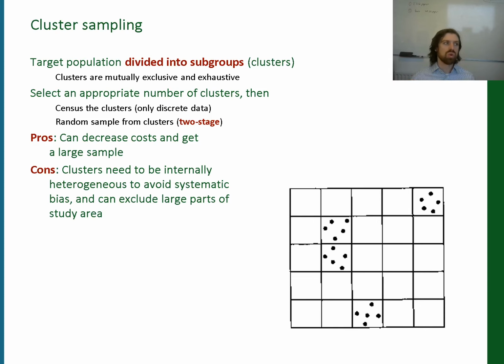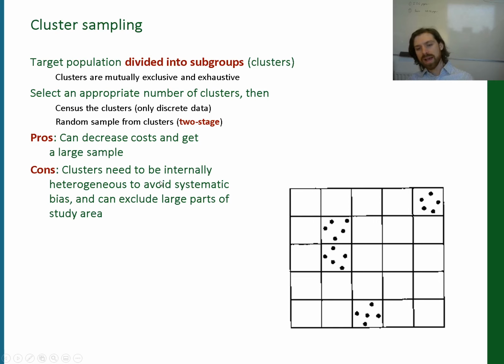So let's say we want to measure the temperature or take the soil pH. We might take 4 out of 25 squares, as we've done here. And then within each of those 4, we're going to pick another 5 sample points at random. So this could help to decrease the cost overall rather than doing a very large sample.